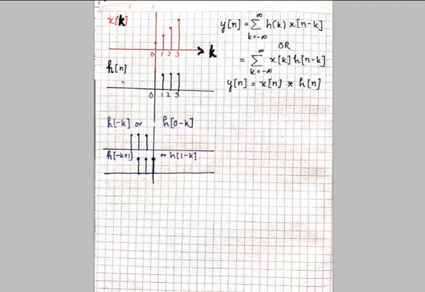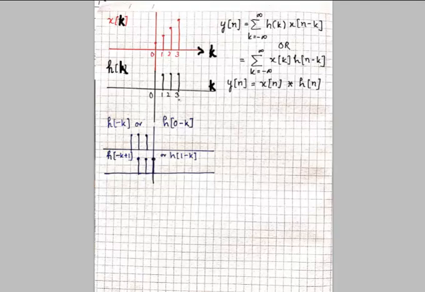The next step is to find h of minus k, and then we'll see the values of the shifted h of minus k. For that we draw h of minus n, which is this, and if we say that this is h of k, then h of minus k will be an inverted, mirror image.